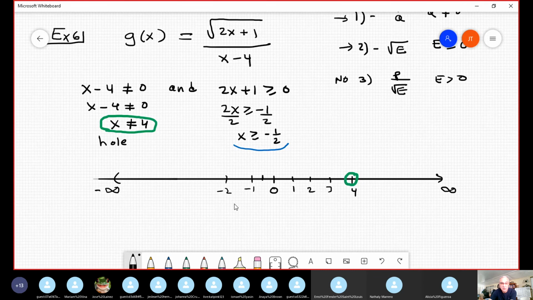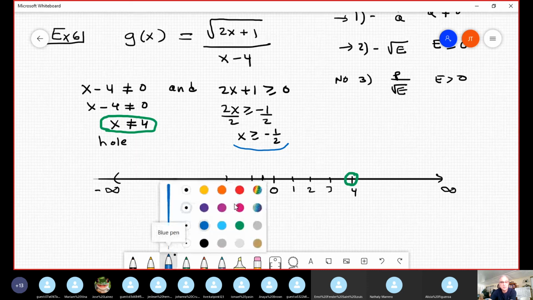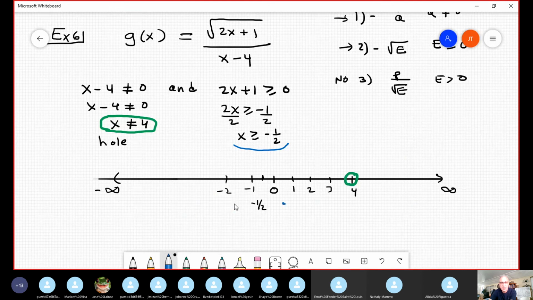Negative 1/2 is located here. In what direction? To the right, because it's greater than or equal. So include negative 1/2, with a bracket. Greater than, so it's something like that. But unfortunately, we have a hole in the middle and it continues.